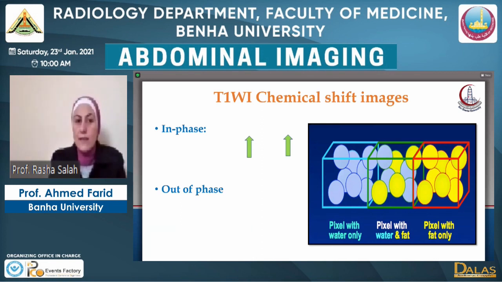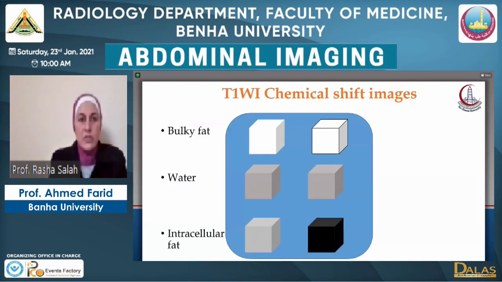But in the out of phase image, they null each other, so we see that the intracellular fat, which is located within the adjacent water locules, drops in signal, and it will give us a characteristic appearance on MRI. How can we translate this T1 chemical shift into real imaging?